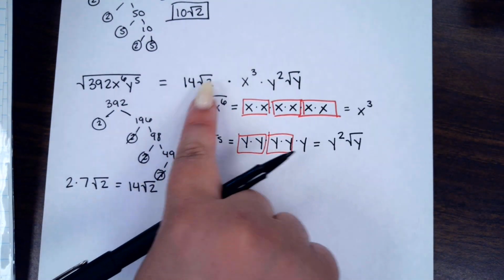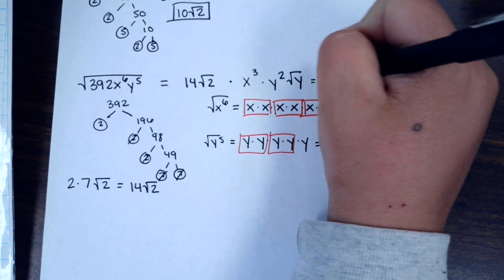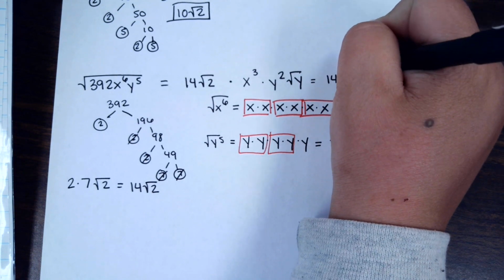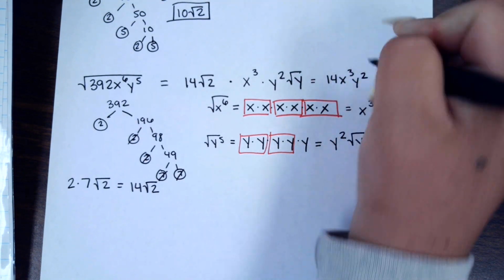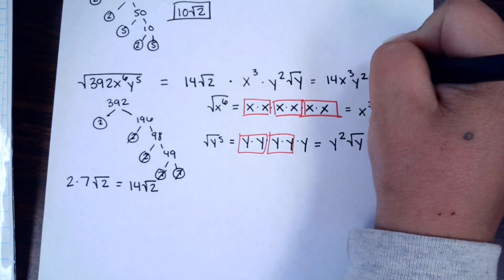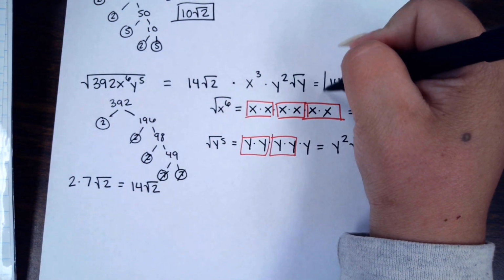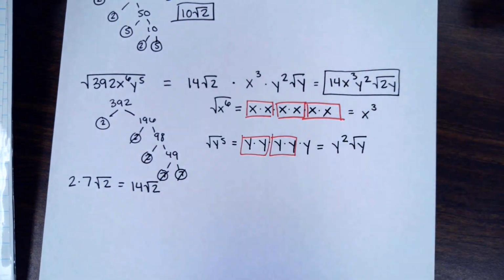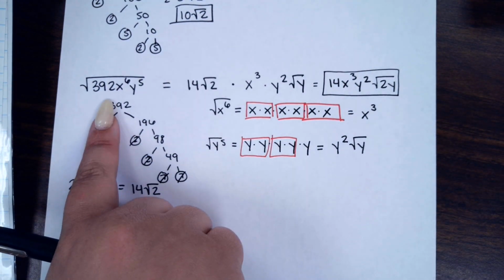Then we just have to put our 3 parts together. So 14 x to the 3rd y squared, that's all on the outside, and the square root of 2y. That is our final answer.